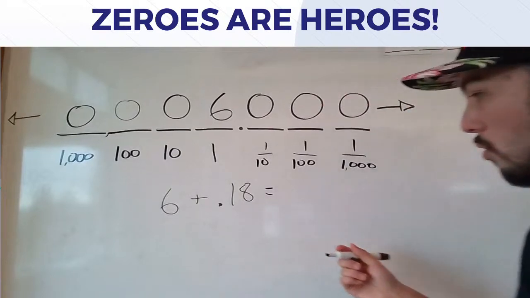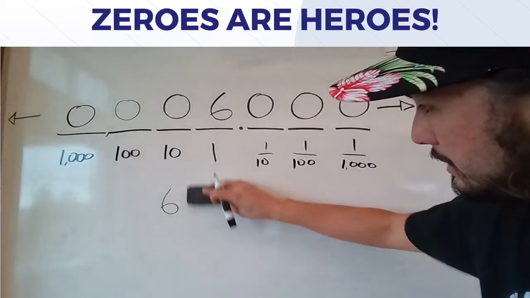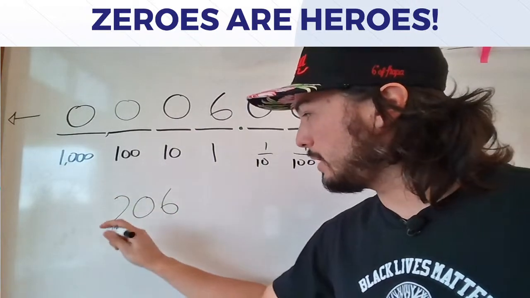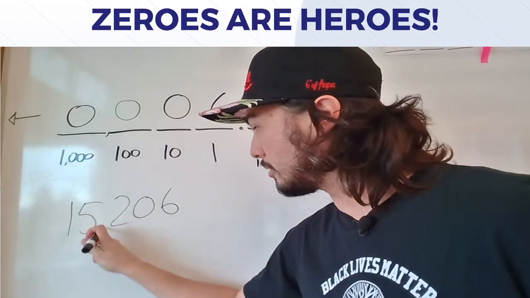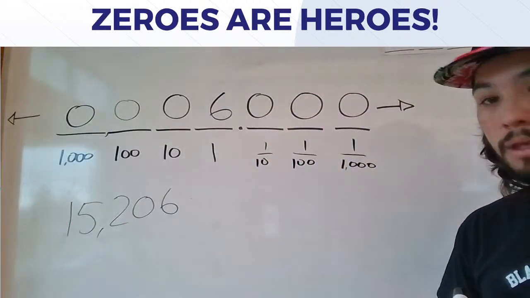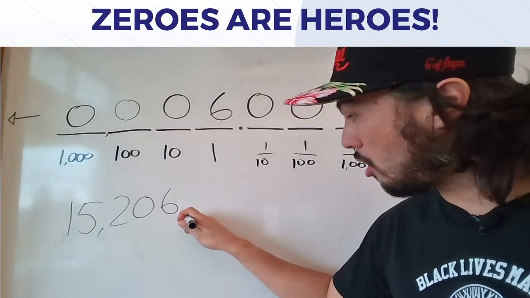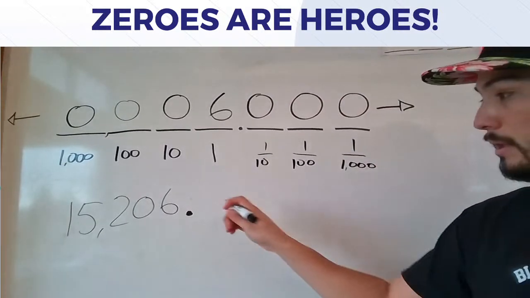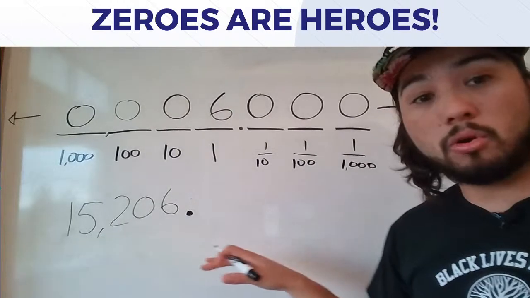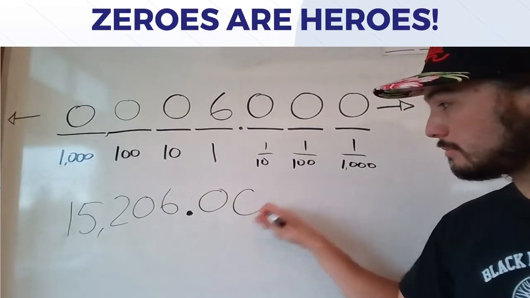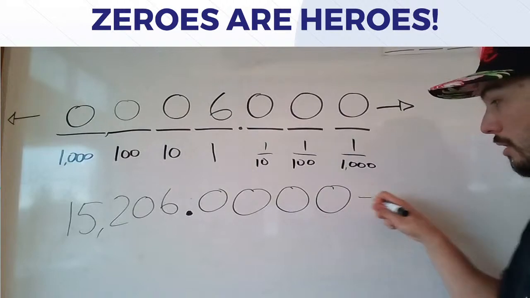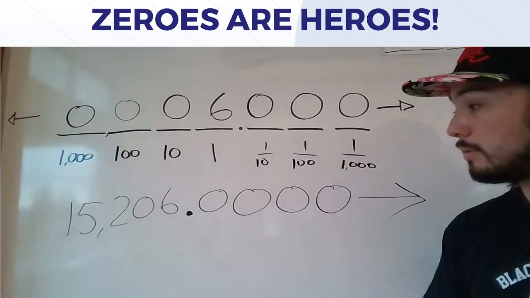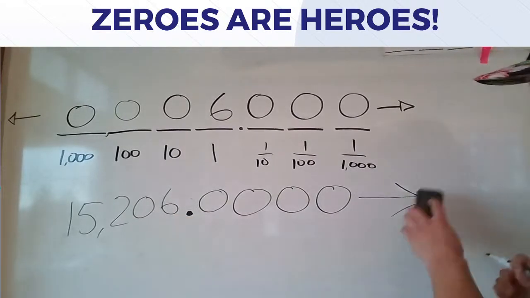So with any whole number, be it 6, be it 206 from earlier, be it 15,206, our decimal point is always going to live right here between the ones and the tenths place. And because it's a whole number, there's zeros in the decimals all the way down till the cows come home. But that's where the decimal point is, just to the right of the ones place.